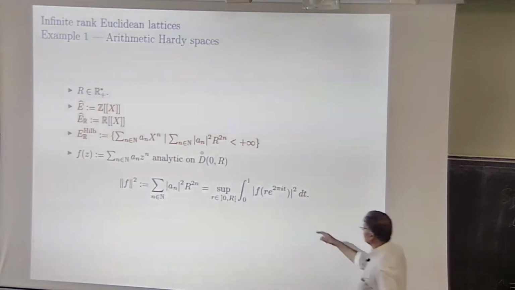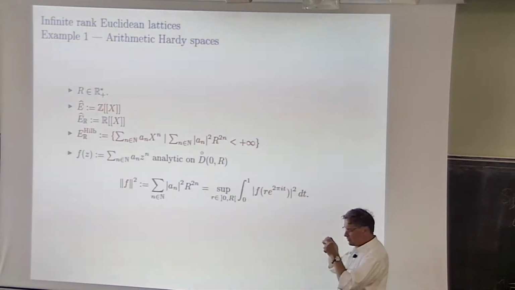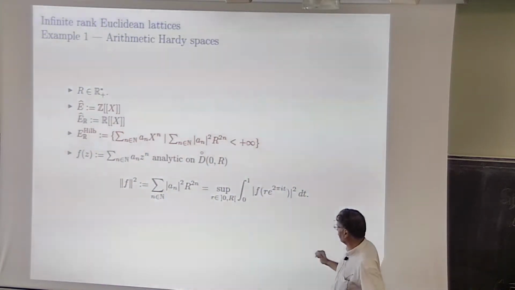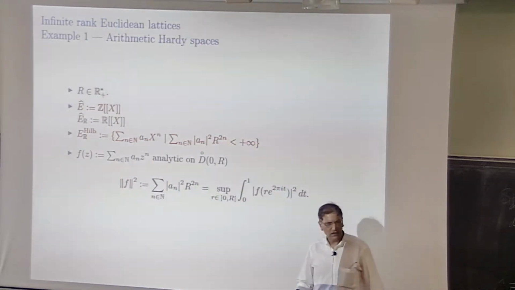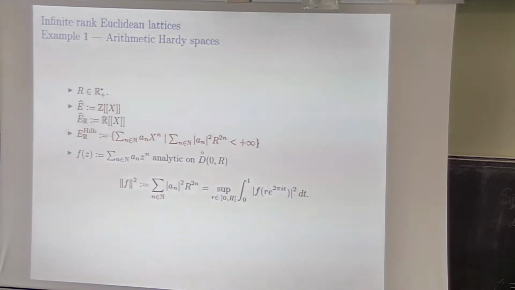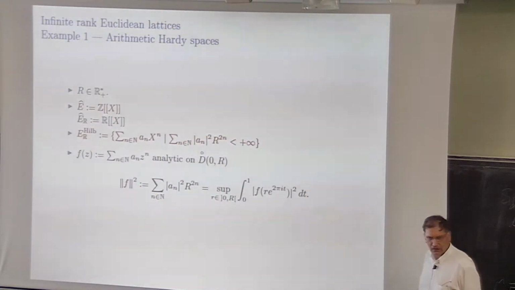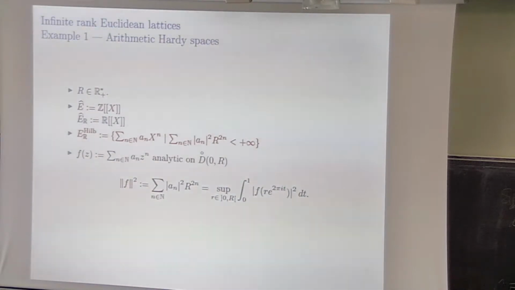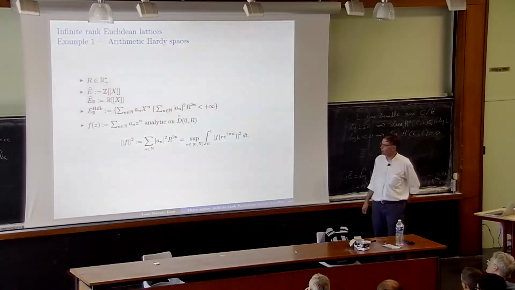It means that if you look at the L2 norm on a circle of radius little r, this L2 norm stays bounded when r goes to the capital R. So you may identify such a space as a space of L2 functions on the circle of radius R that are boundary values of holomorphic functions inside the circle.